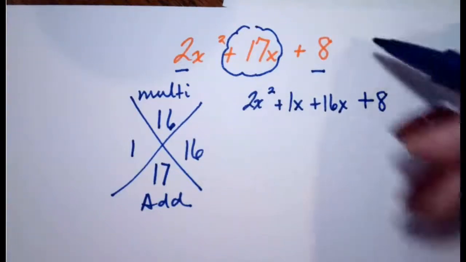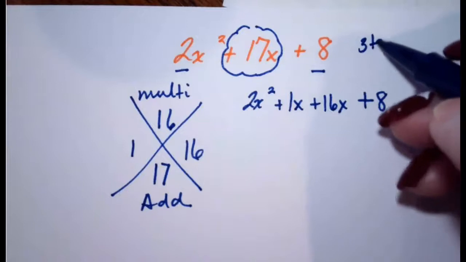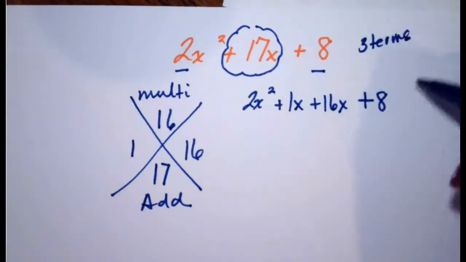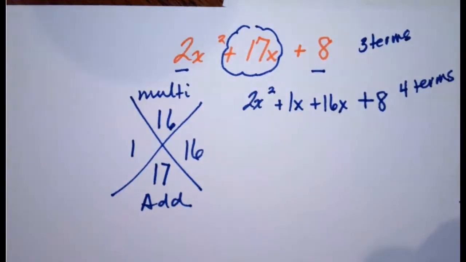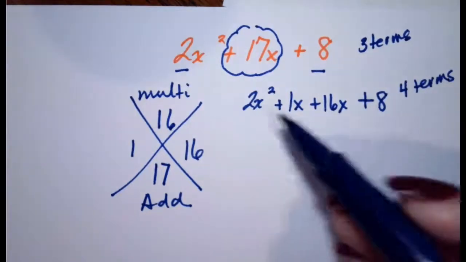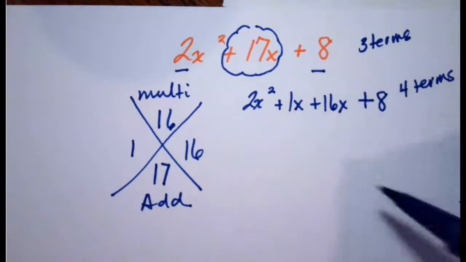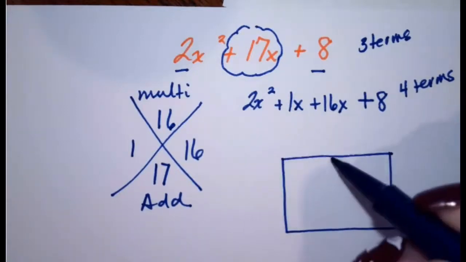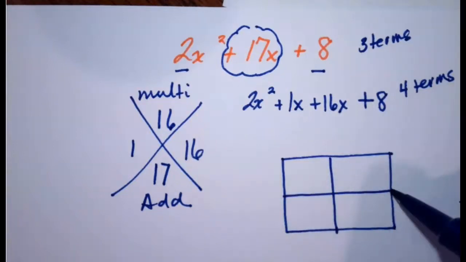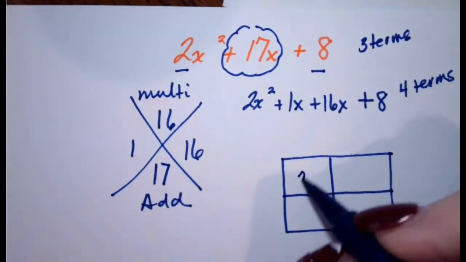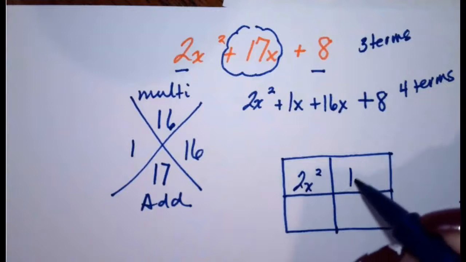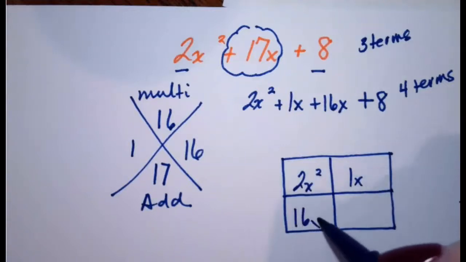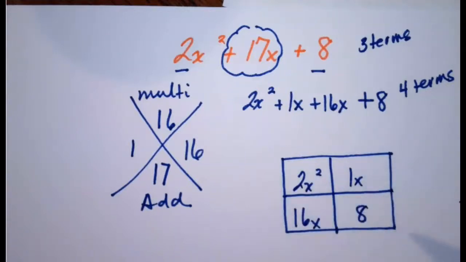We changed it from 3 terms to 4 terms. Well, how do you do 4 terms? 1, 2, 3, 4. You put them in a box. All right. 2x squared, 1x, 16x, 8.